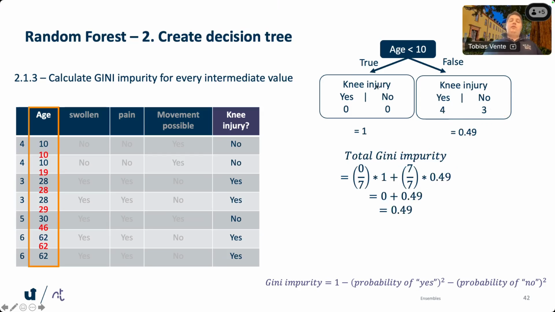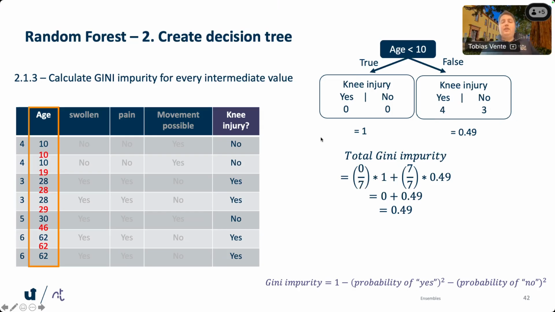You do the same for the left-hand side, and it's pretty easy because it's 1. It can't really decide on anything. And then you calculate the total GINI impurity, because both leaf nodes should get a different weight. So you take the fraction of data points that are represented in either of the nodes and multiply it by the impurity.